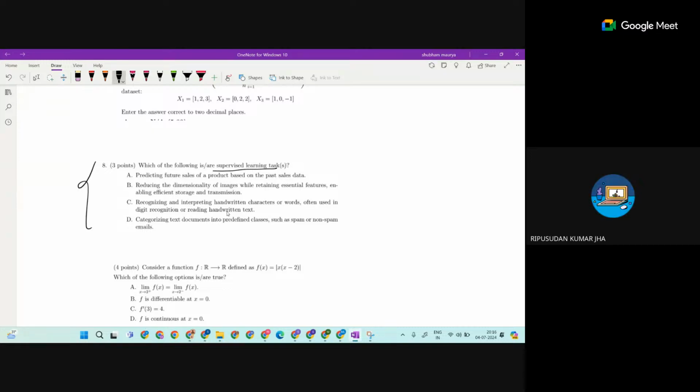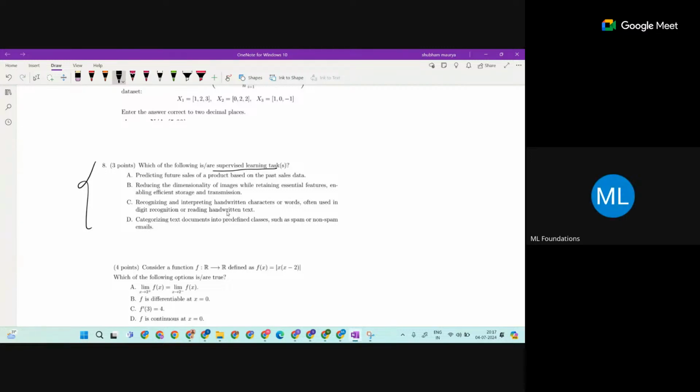Could all of you try? Sir, A and D. ACD. Why is B not? Because it is dimensionality reduction. Yes, sir. It's unsupervised learning.